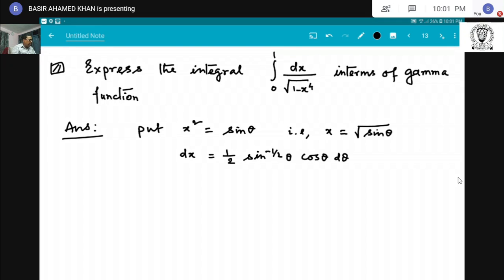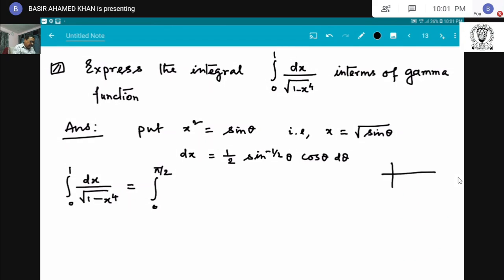Therefore, this integral from 0 to 1 of dx over root of 1 minus x to the power 4 becomes the integral from 0 to pi by 2, because when x equals 0, theta equals 0, and when x equals 1, theta is pi by 2.